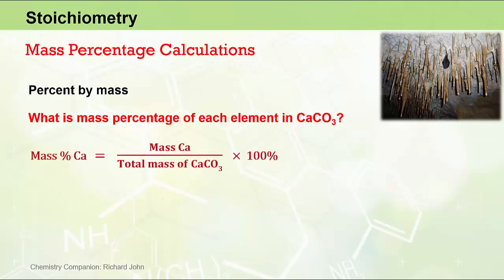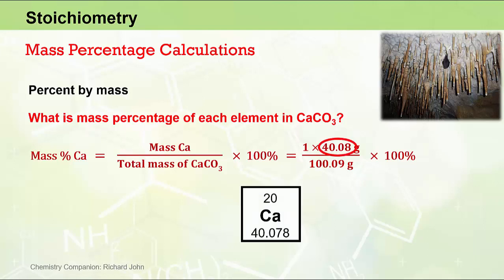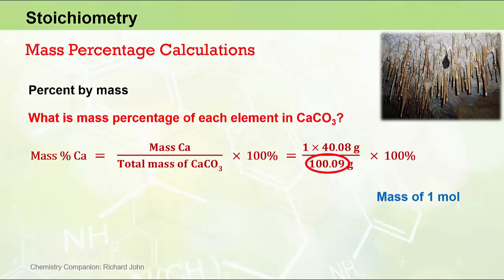We can substitute all these values into our mass percentage equation, starting with the mass percentage of calcium, which equals 1 times 40.08 grams divided by 100.09 grams multiplied by 100%. Remembering that this number here we get from the periodic table for calcium, representing the mass of 1 mole of calcium. And this number here is the mass of the mole of the entire compound. And when we plug these numbers into our calculator, we get the number 40.04%.